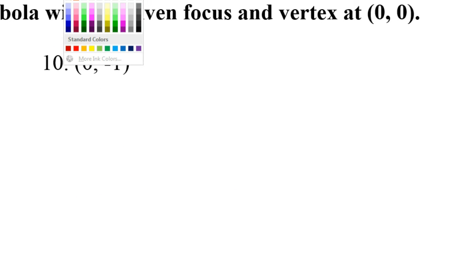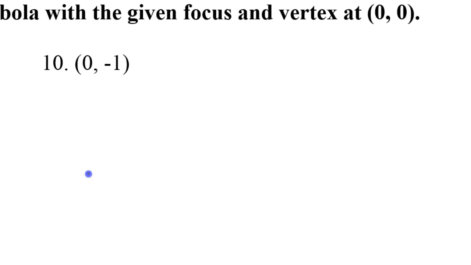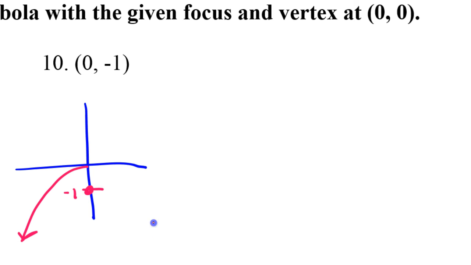Okay, let's do a quick sketch. 0, -1. That's going to be right here. There's the point 0, -1. That tells me that my parabola is opening down. When a parabola is vertical, you have x squared.